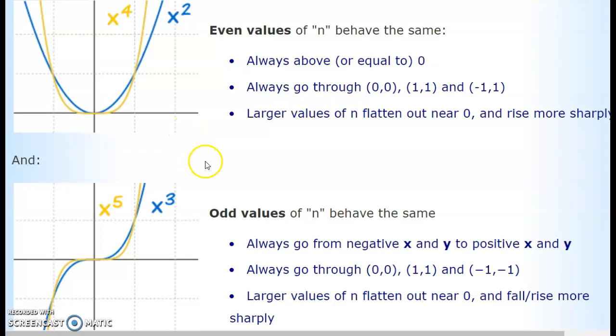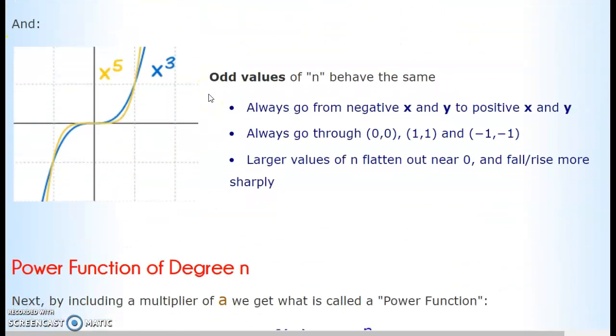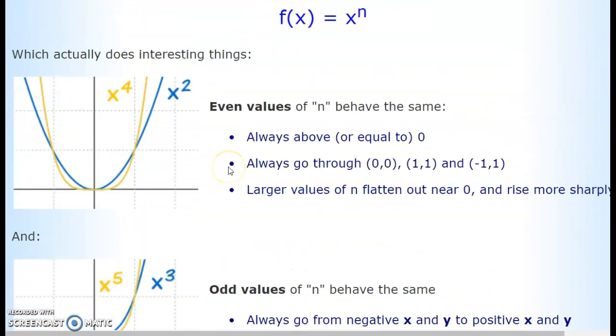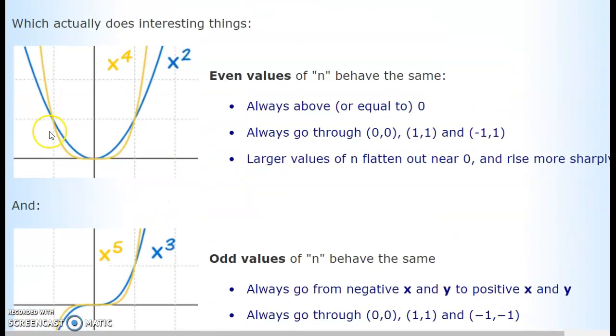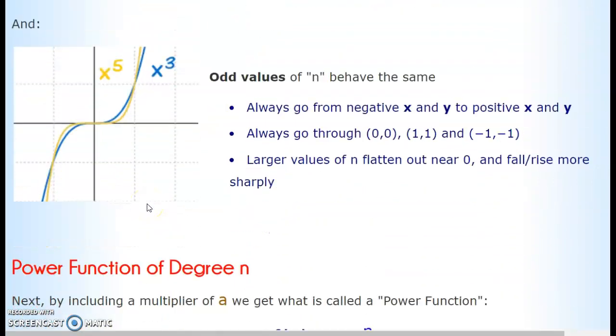If it's positive and even, our end behavior will be up, up. If it's positive and odd, it will be down, up. If we have a negative leading coefficient and an even degree, it'll match, down, down. And if we have a negative leading coefficient and an odd degree, it will be up, down.